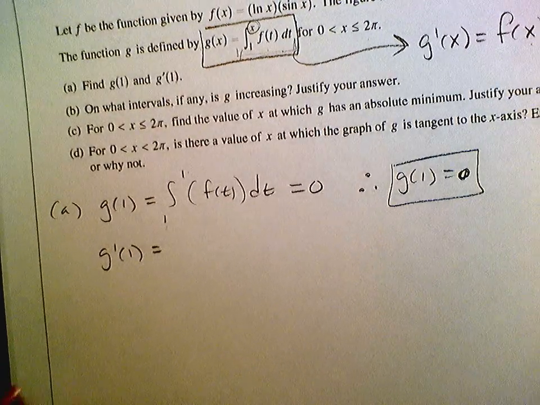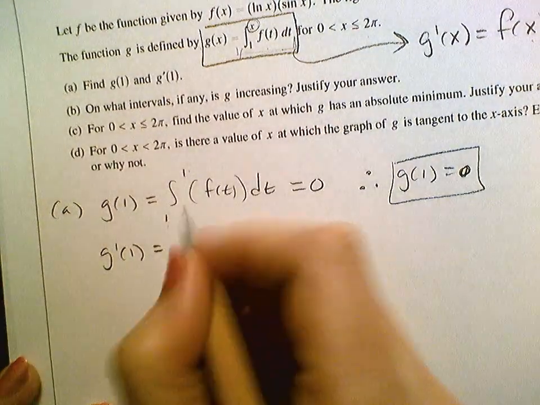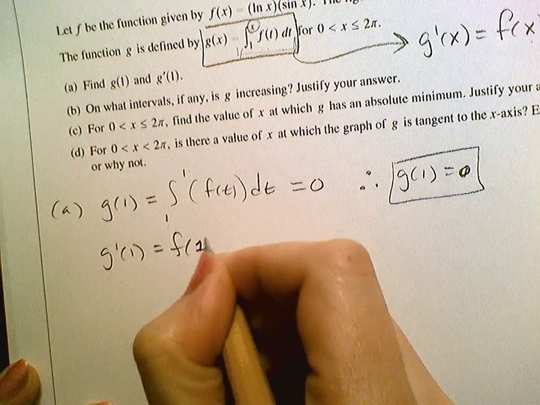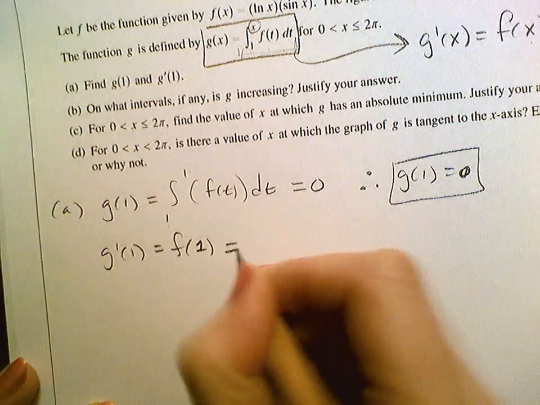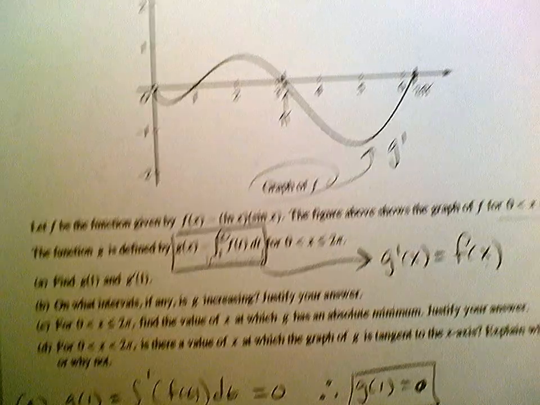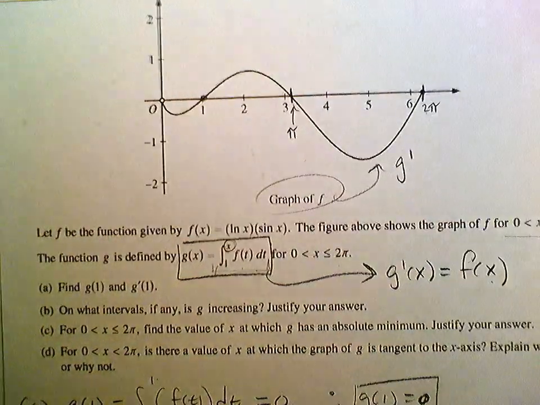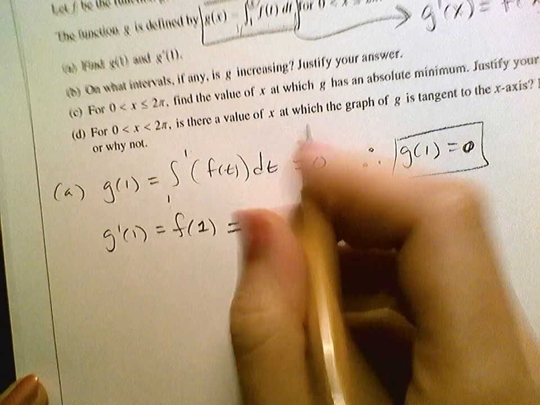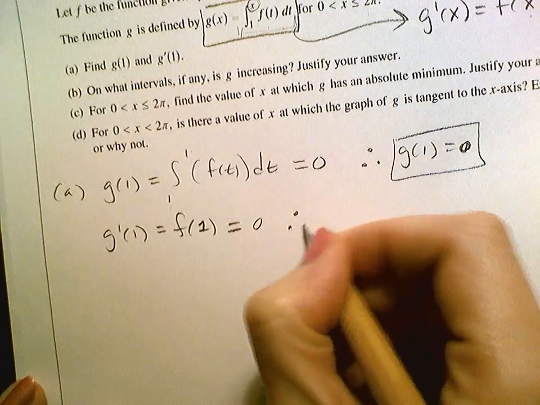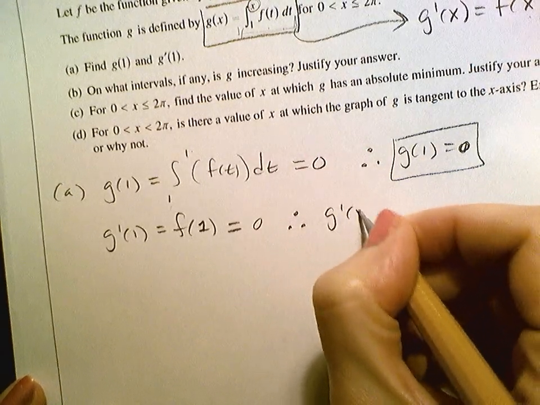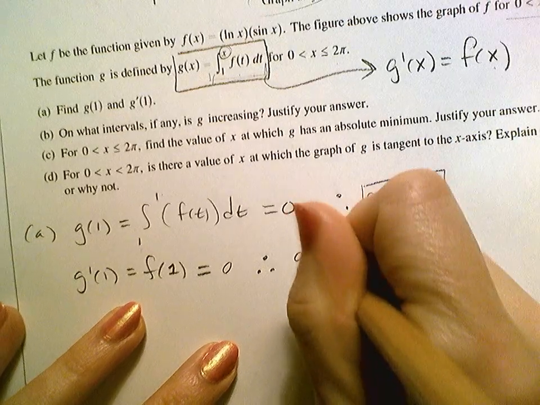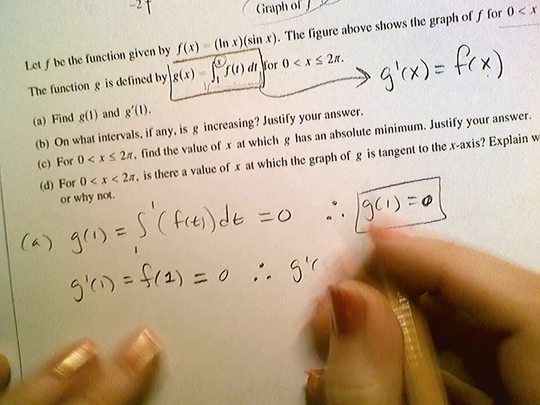So g prime of 1 is equal to f of 1, which is equal to, all right, so this is the graph of f, here's 1, that output is 0, equals 0. Therefore, and you don't have to do the therefores, I just think it's a nice touch.